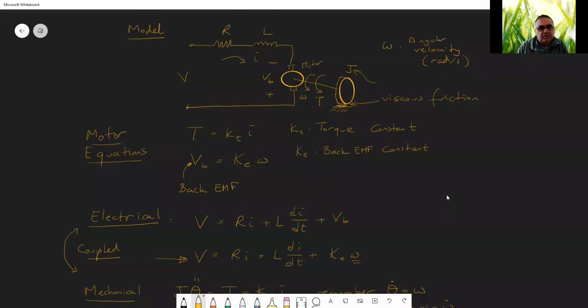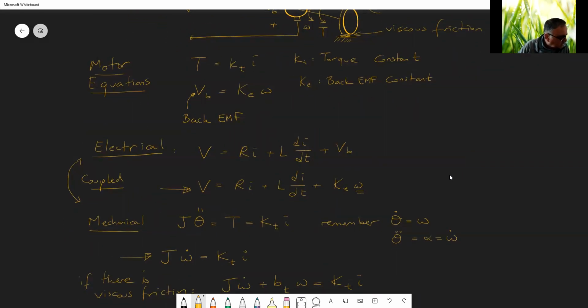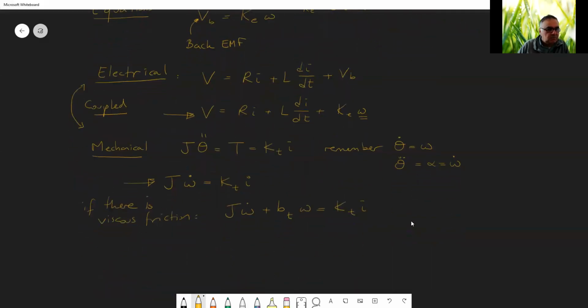Viscous friction, let's say Dt, is here. It is possible to have that. So in this case, our equation reads like this. This is equation A, and this is equation B, two equations which are to be combined.